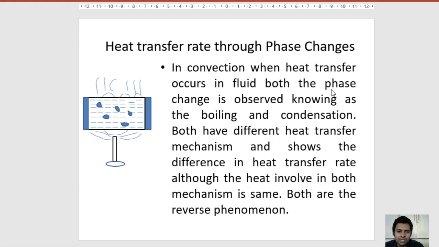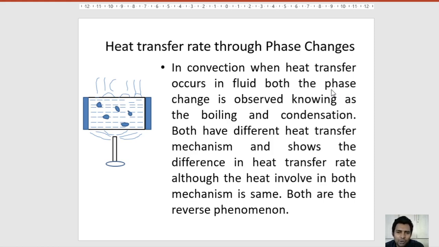So the boiling is there, and that boiling we also have to consider in convection. In convection, when heat transfer occurs in fluid, both the phase changes are observed, known as boiling and condensation. So both have different heat transfer mechanisms and show a difference in heat transfer rate, although the heat involved in both mechanisms is the same.